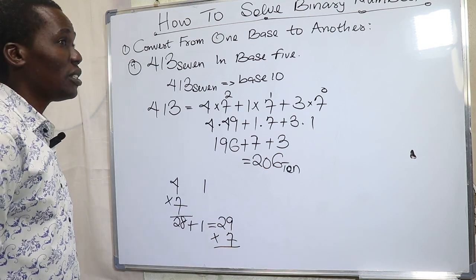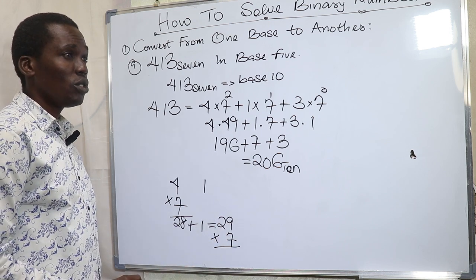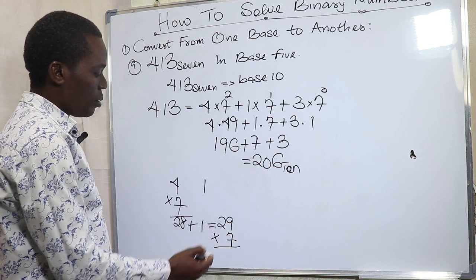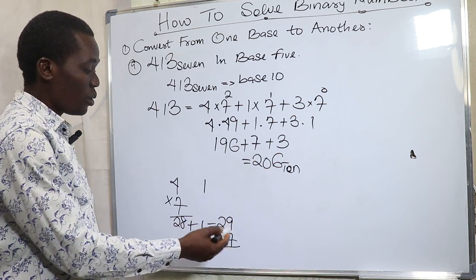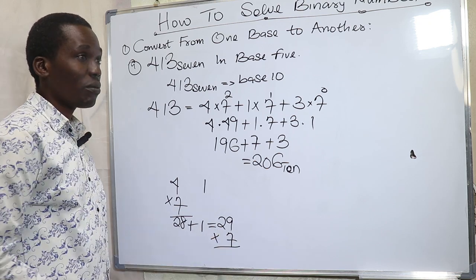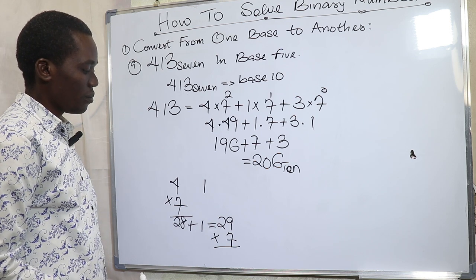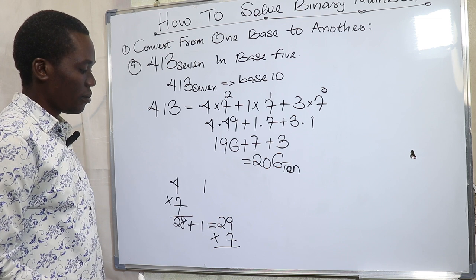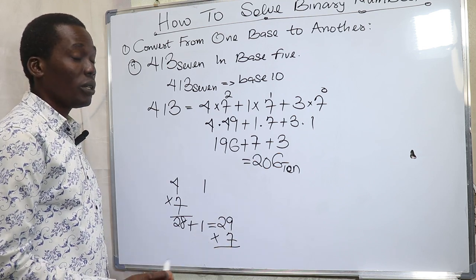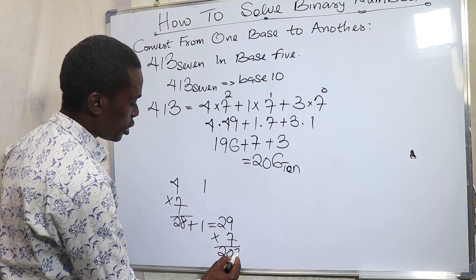29 multiplied by 7 is going to give me what? 9 times 7, this is going to give me 203, right? 203, because 9 times 7 is 63, I'll write 3 and carry 6. 2 times 7 is 14, plus 6 is 20. So 29 times 7 is going to give me 203, right?